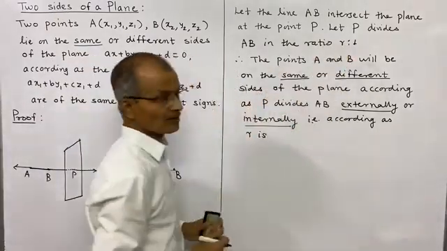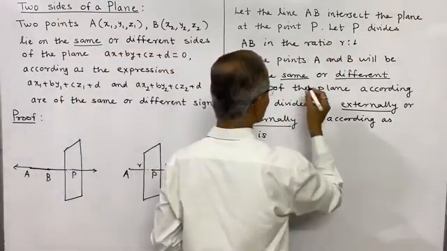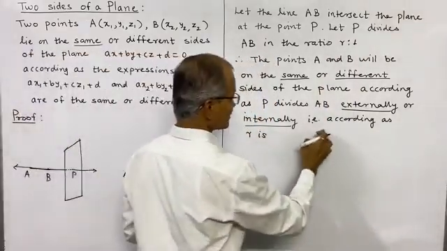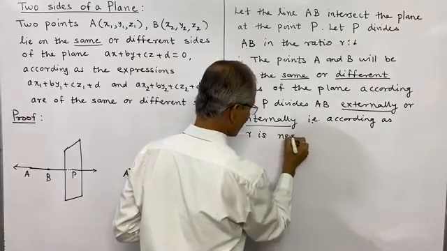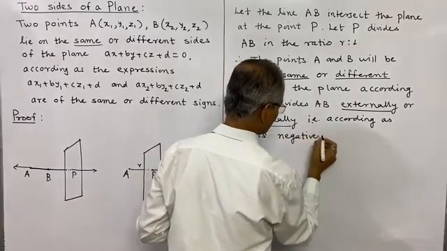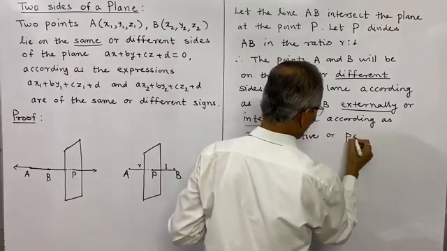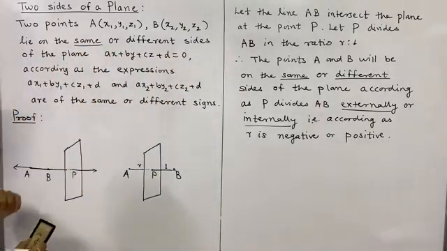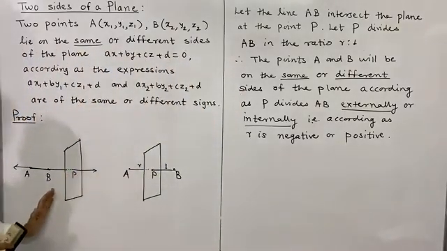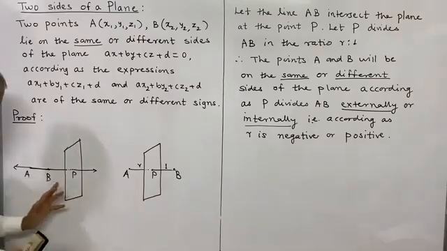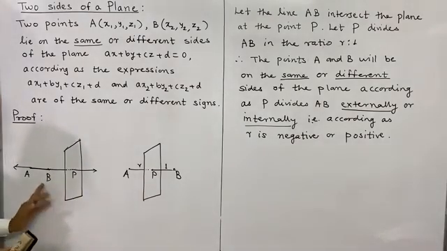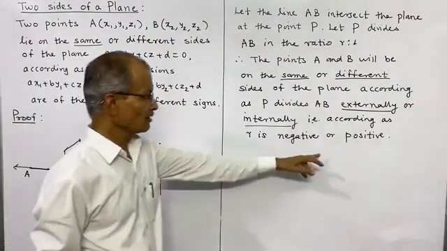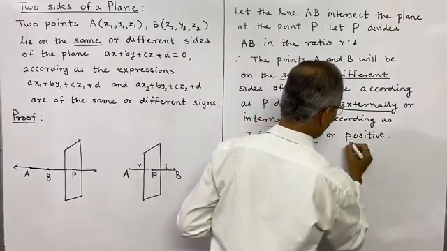The ratio R to 1, 1 we have taken positive, so R is negative. So this we should note first to get this result. The two types of divisions are external and internal. When the division is external, R is negative, and when the division is internal, R is positive.